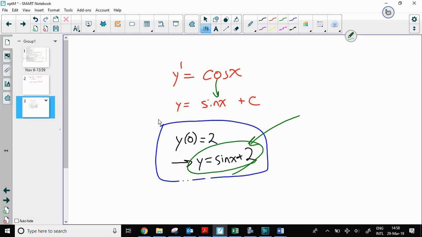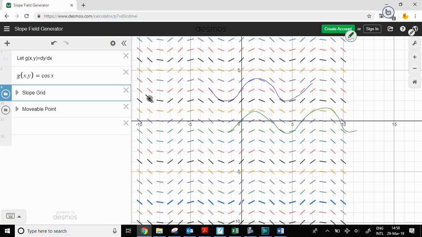But I could still sketch it, because if I know that y of 0 is 2, all I have to do is say, all right, well, when x is 0, y is 2. And then I just follow the slope field and see where it tells each point to go. So this point, its slope was about 1, so I'd go up here to the next point.